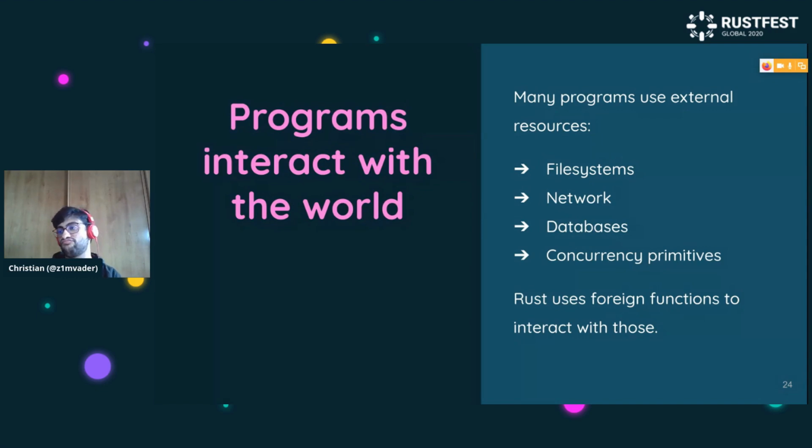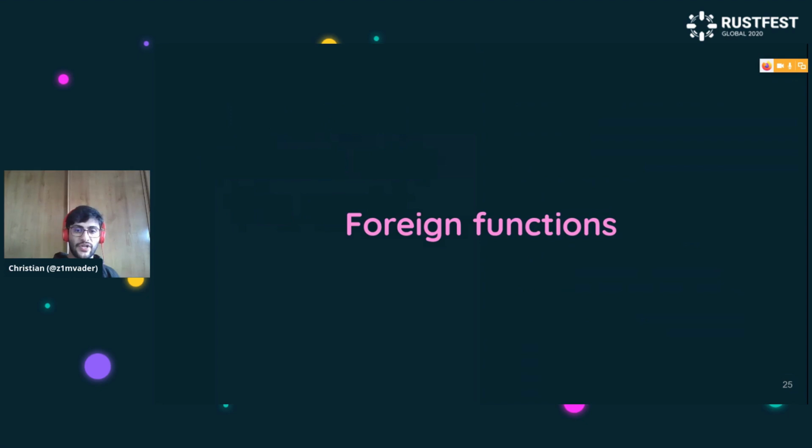We tend to access files, get resources over the network, interact with databases, create OS threads, so we need to access the concurrency primitives of our operating system or whatever. And the mechanism that Rust uses to interact with all of those is foreign functions. That's what this last part is about: foreign functions.